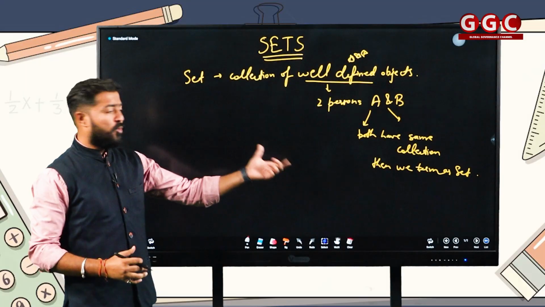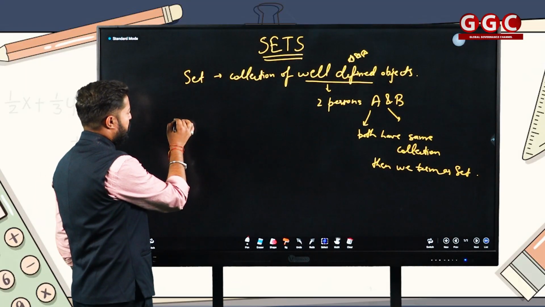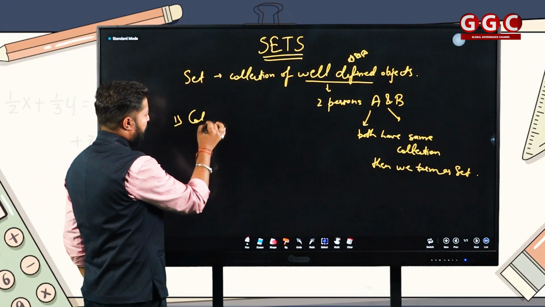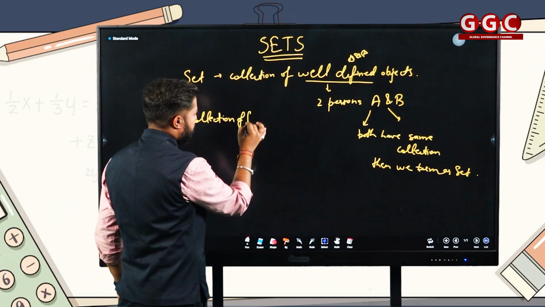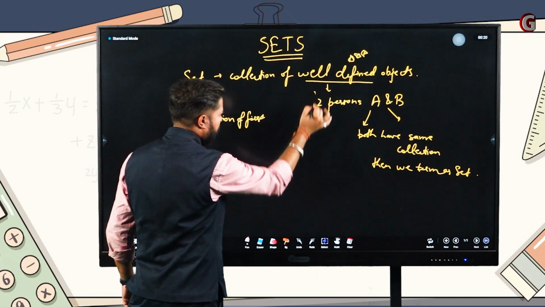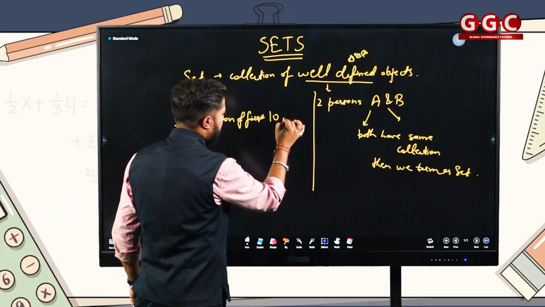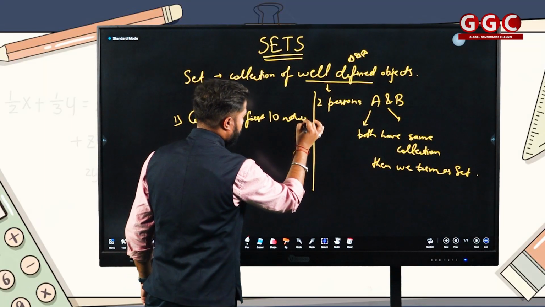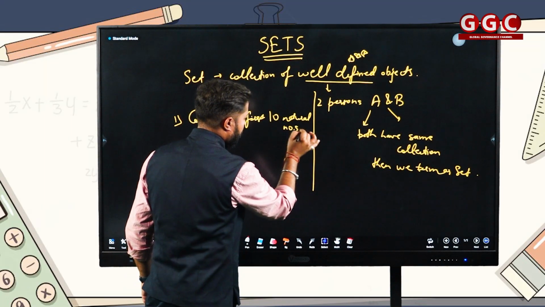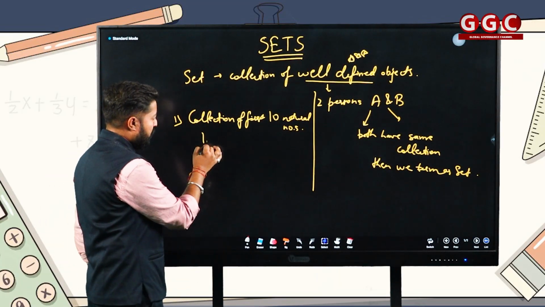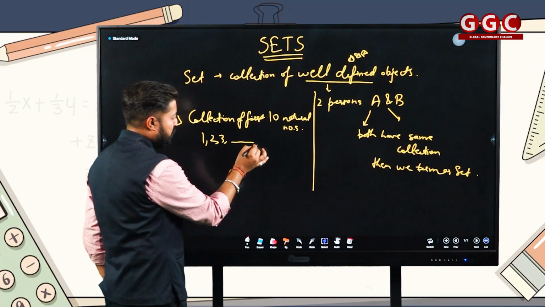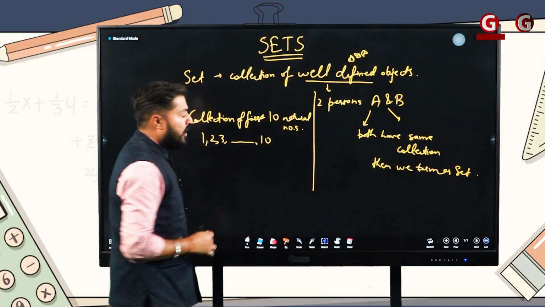Let's understand this more with an example. Suppose you take collection of first 10 natural numbers. Now first 10 natural numbers, they start from 1, 2, 3 and so on up to last number will be 10.